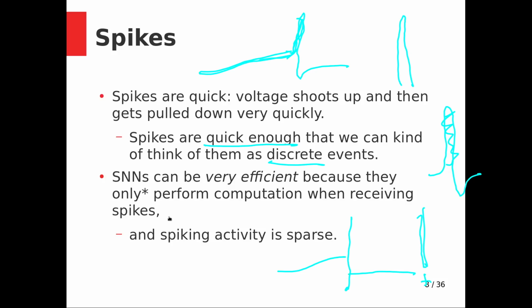And again, SNNs can be very efficient because they only perform communication or computation in the instance that these spikes occur, because spiking activity is sparse. Neurons spend most of their time not spiking.